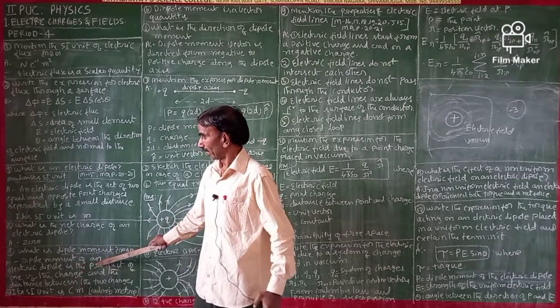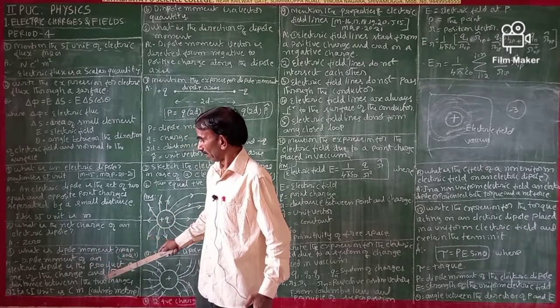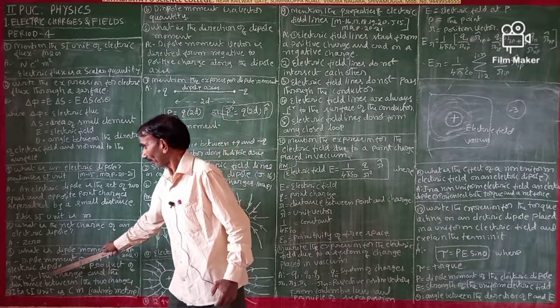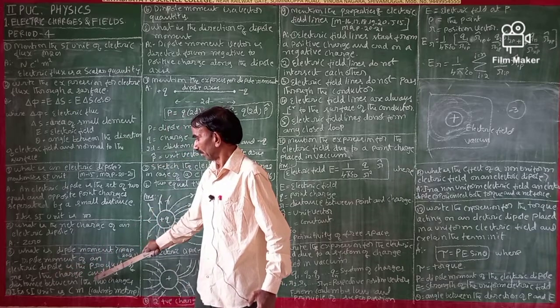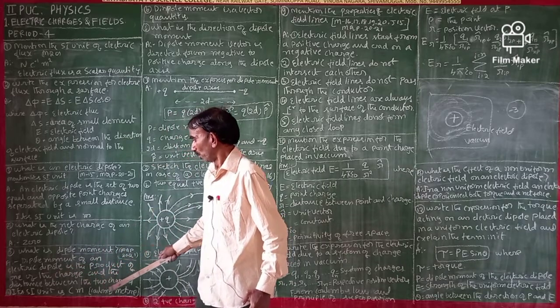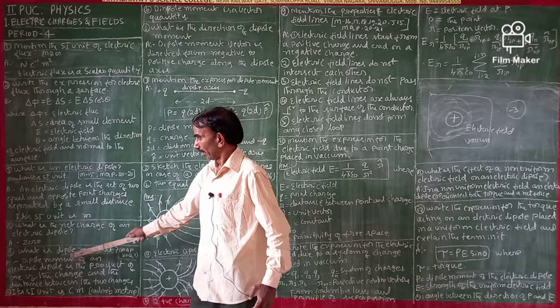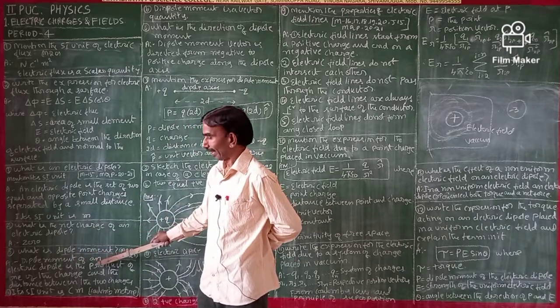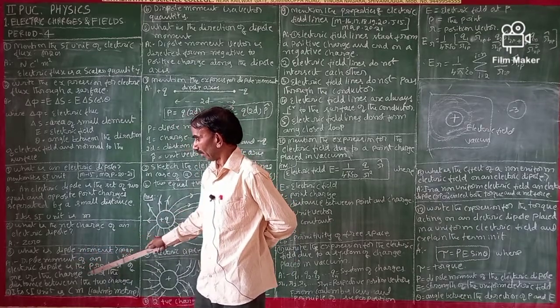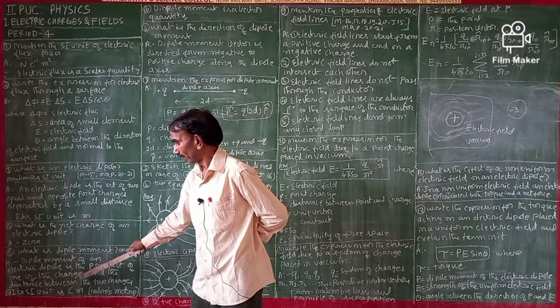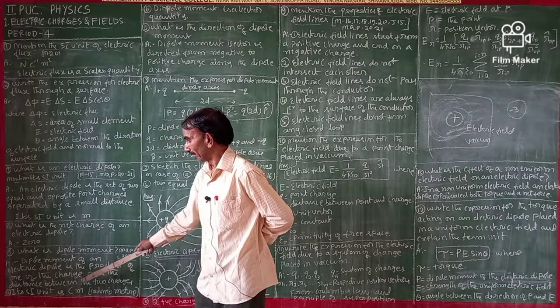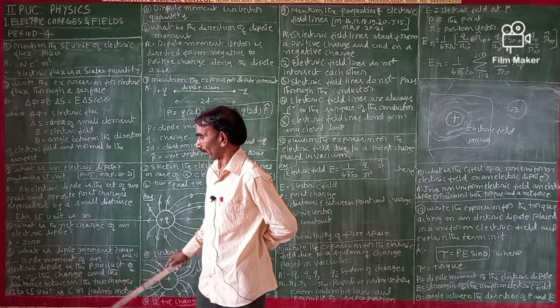Dipole moment of an electric dipole is the product of one of the charges and the distance between the two point charges.